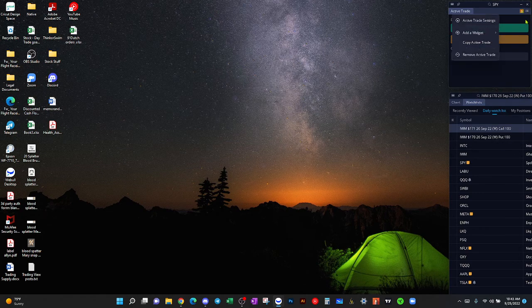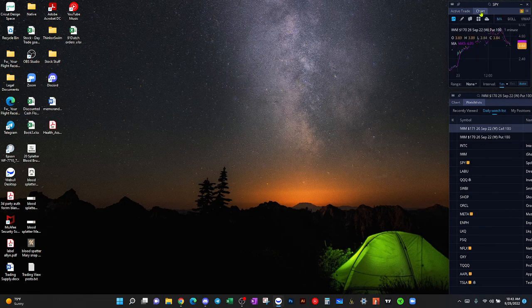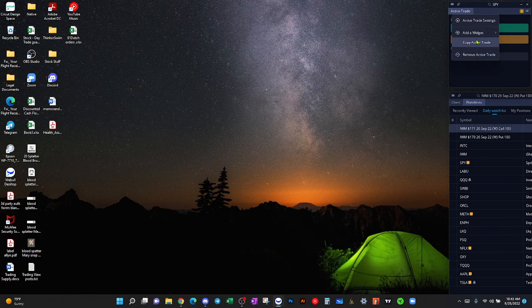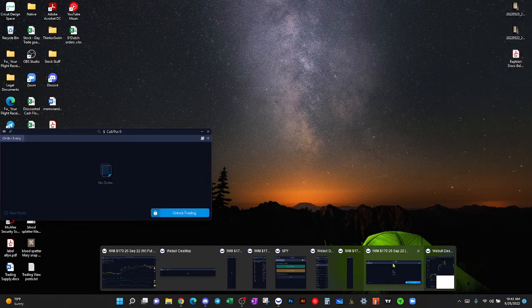I think my mouse is dying on me. I'm just going to add a chart. Of course, it's there. Add a widget, go to all widgets. Let's see if I can add my chart. Completely jack this thing up.